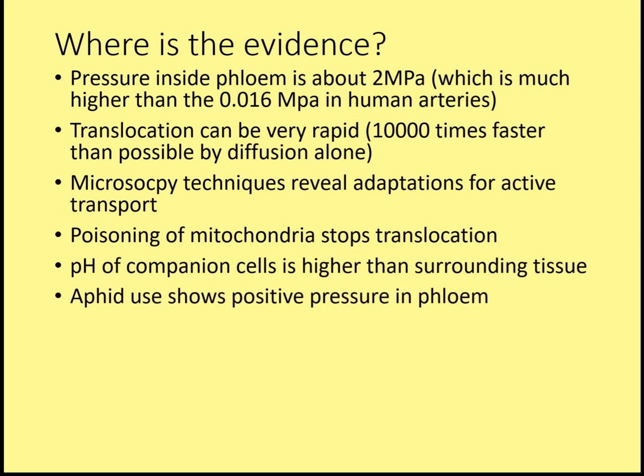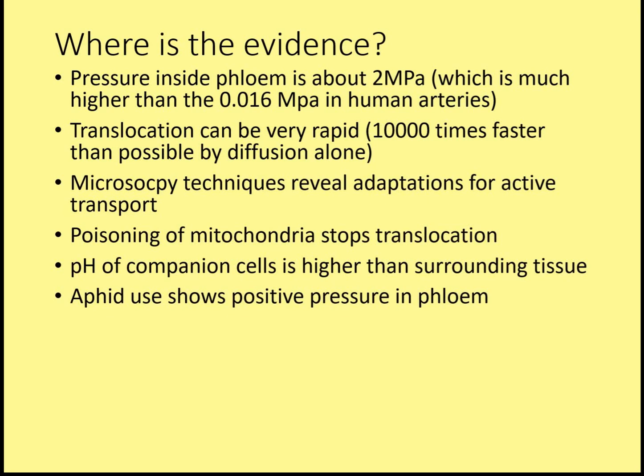We can also use aphids, which feed on phloem. Aphids are green fly, and they feed on sugars inside the phloem. They pierce the phloem with a little proboscis and extract the sugars from the sap, basically feeding from it. People have done experiments by chopping the heads off the aphids, just leaving the stylet in place, and collecting the fluid coming out from the phloem.